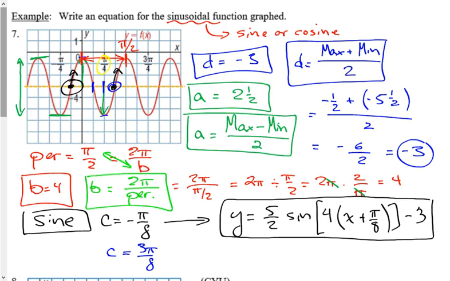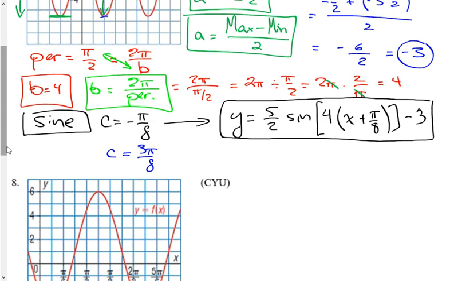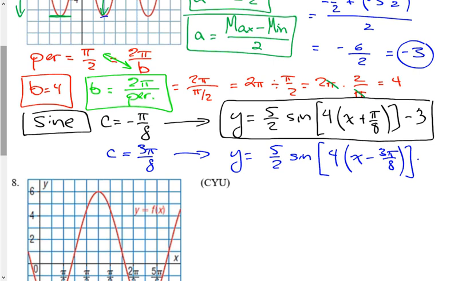There's a 1 pi by 8, 2 pi by 8, 3 pi by 8. And that could be the starting point for my graph. And so then my equation, the only thing that changes is my c value. So I'll have y equals 5 halves sine 4 x minus 3 pi by 8 minus 3. There's a second equation that works.